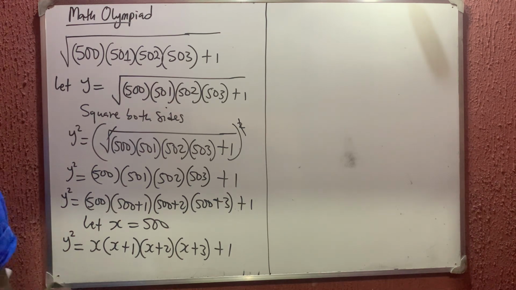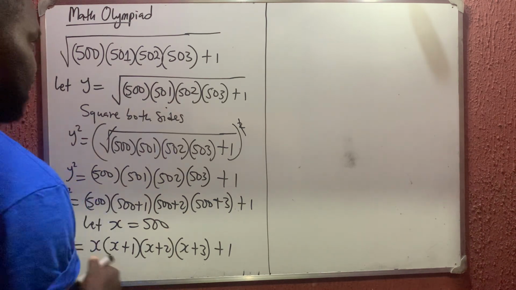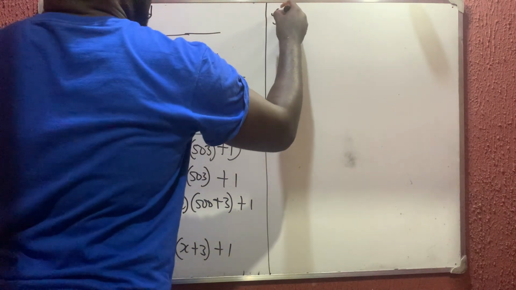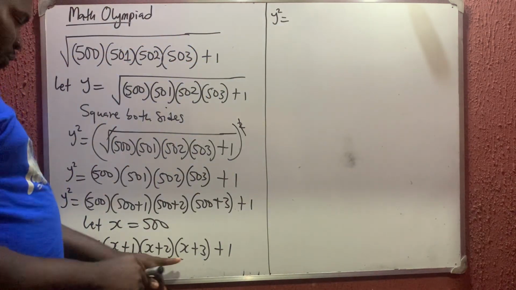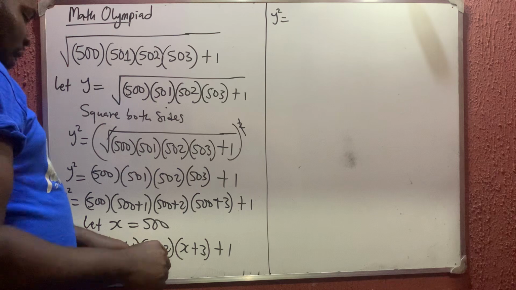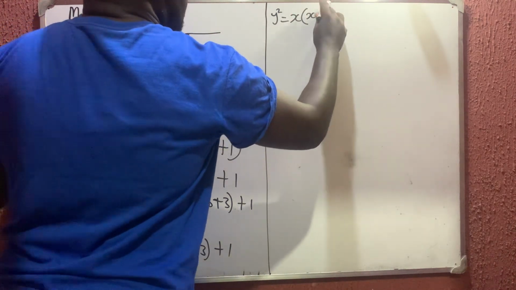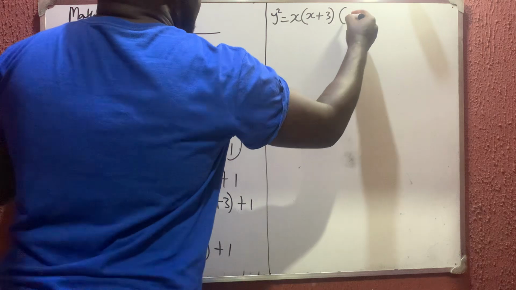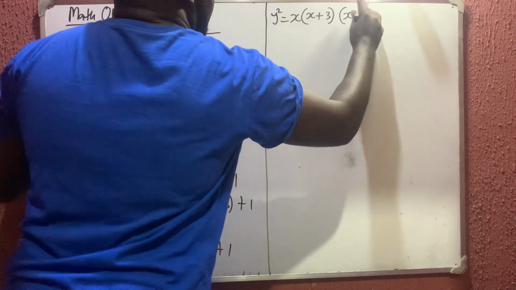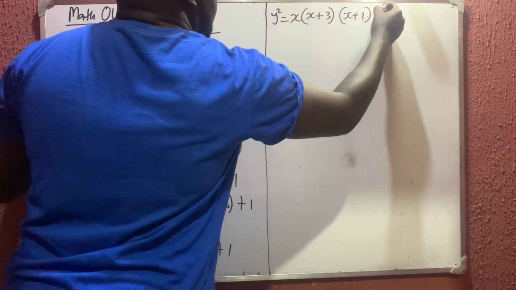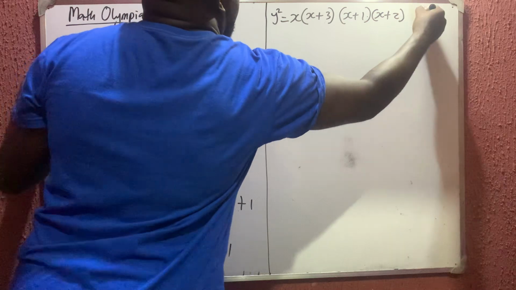So y squared is equal to, now let this multiply this, so I get the same thing: x multiplies x plus 3, while x plus 1 multiplies x plus 2, then plus 1.